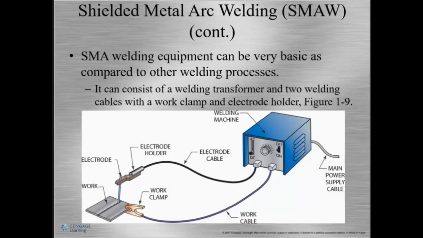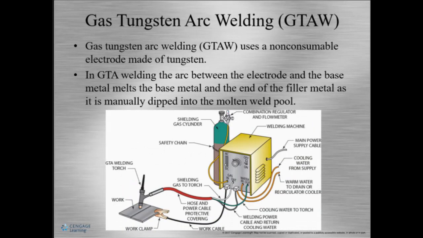So if we look at this, in a very basic way, SMAW completes a circuit. When it completes the circuit, the electrode that's carrying the electricity creates heat and melts itself and the base metal. Pretty cool, right? All right, onward!